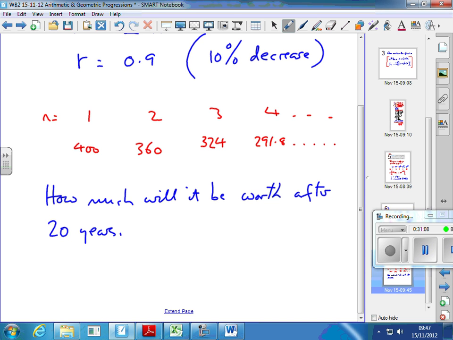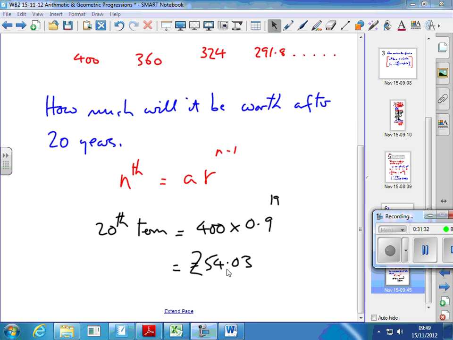Which formula? The nth term equals a r to the n minus 1. So after 20 years, £54. After 30 years, it'll be less than that. It's going to get smaller and smaller, but approaches 0. So there is a point at which it comes to nothing.